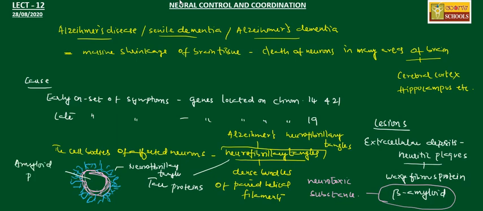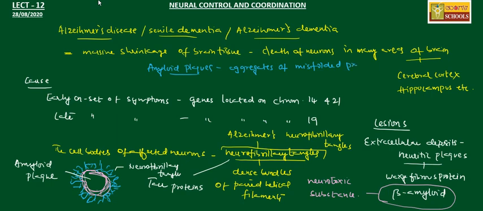So what are these amyloid plaques? These amyloid plaques are aggregates of misfolded proteins.